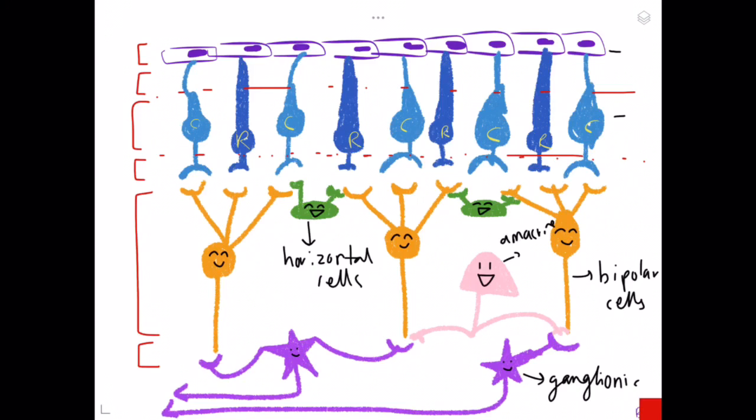Plexiform is just for nerves. And then where we have the ganglionic cells, that's the ganglion cell layer, and this is the optic nerve layer. And then we just have the internal limiting membrane, which I am drawing right here.